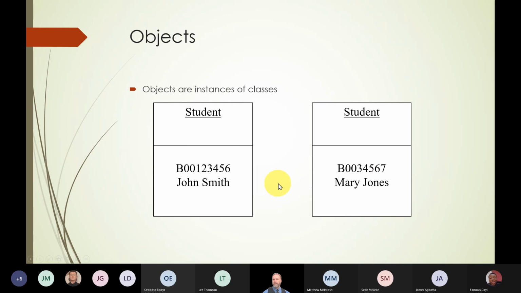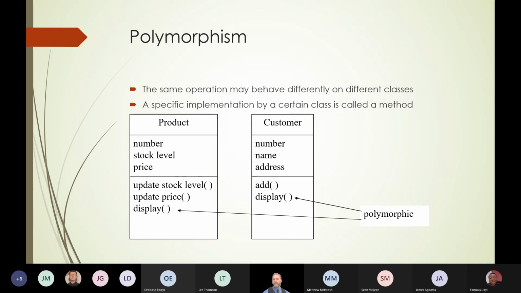So let's extend that and let's think about other types of classes that we might have. Here we've got two called product and customer. The product has specific attributes: product number, how much stock we have, and how much it is.